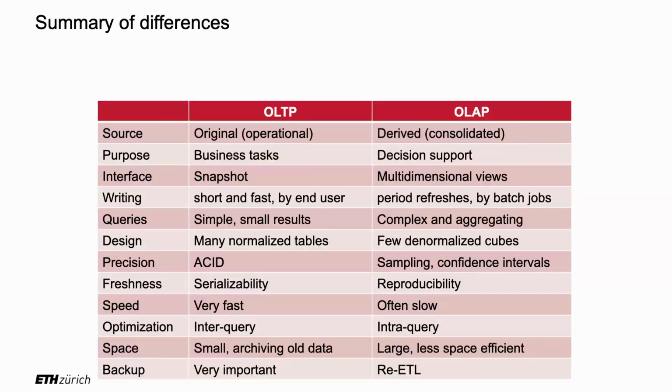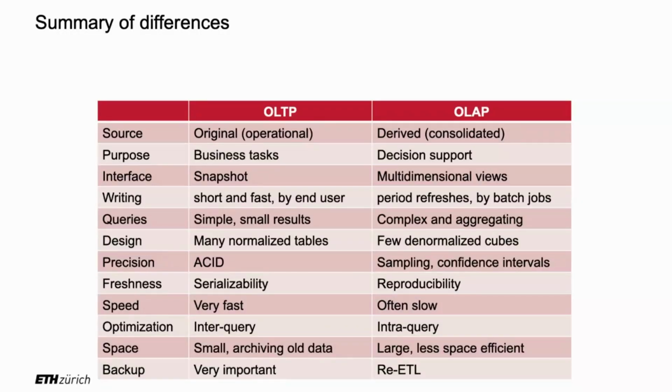And then I have these slides that you can look at offline, but basically it's a summary of some more of the differences that you get between OLTP and OLAP. Some of them I already said, like the speed, the space, the freshness, for example. In OLTP, you want serializability.